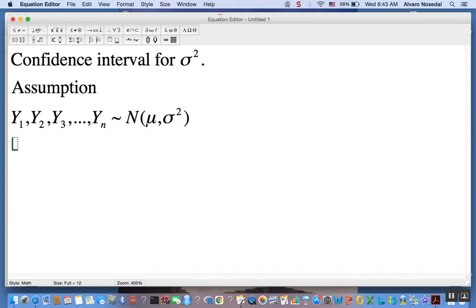Okay, so now let me remind you, right? We talked about this theorem 7.3, right?